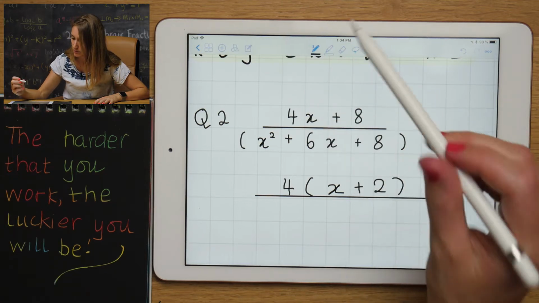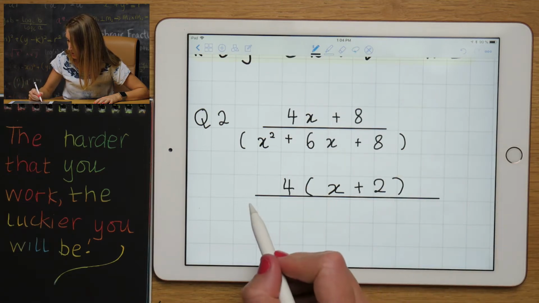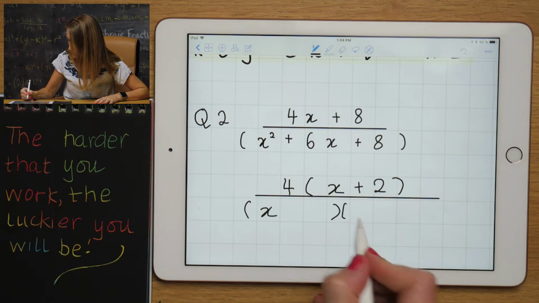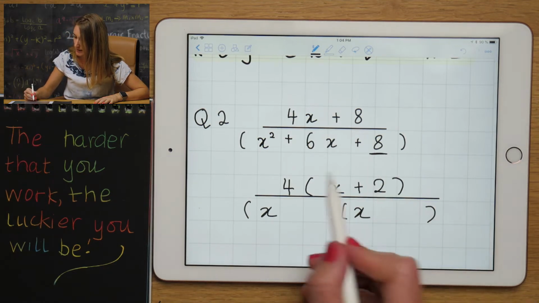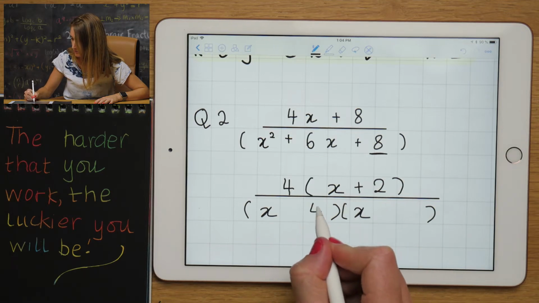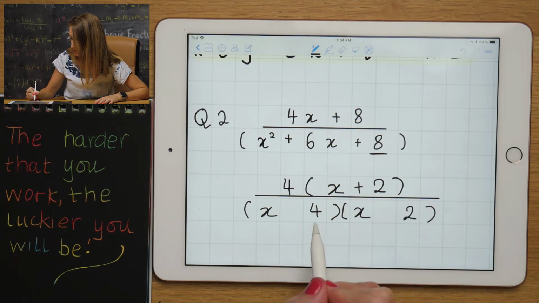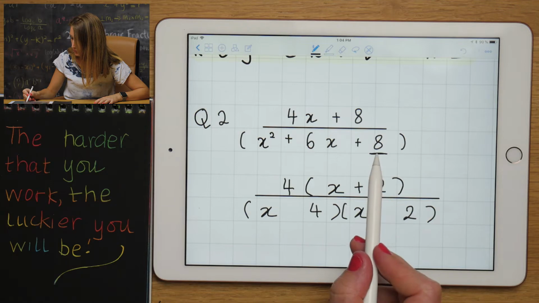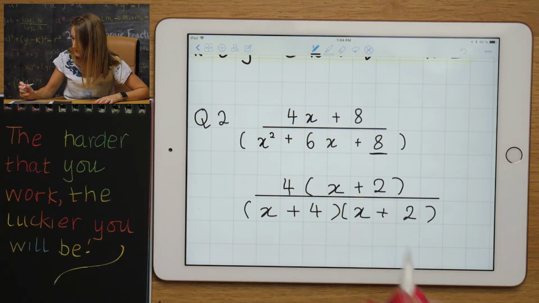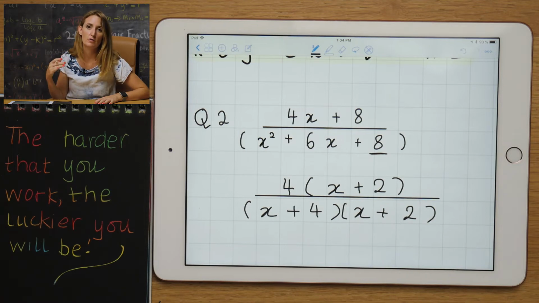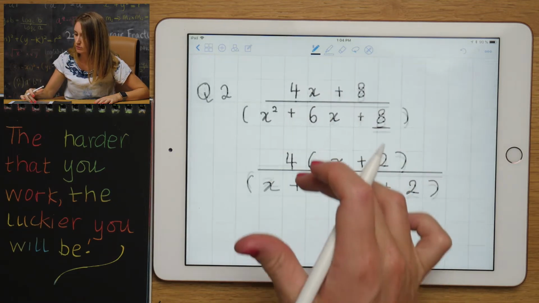Now to factorize the bottom, or the denominator, I'm looking for 2 numbers that multiply to give me 8, but add up to give me 6. So that's going to be 4 and 2, because 4 multiplied by 2 will give 8, but 4 add 2 will give me 6. So the first step is to factorize the numerator and the denominator.